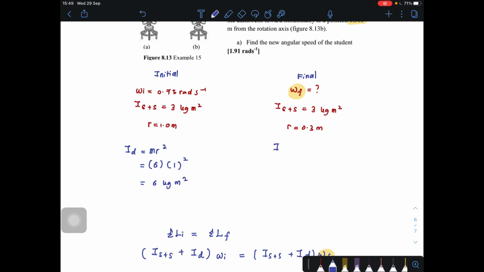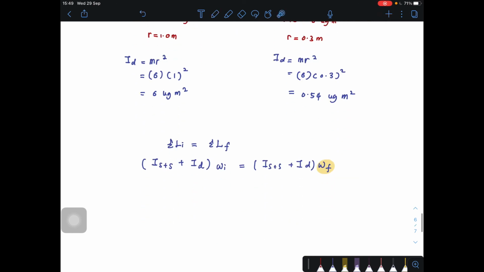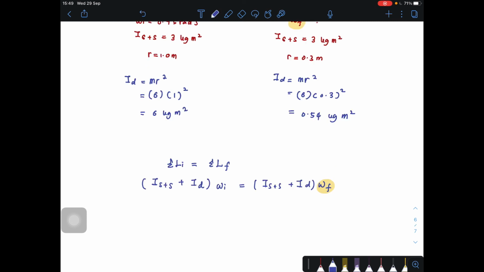And then for final, the value R is different. So, mass is still the same. R is 0.3 square. So, we get 0.54 kg meter square. So, put it in here. The moment of inertia of the student plus the stool is 3.